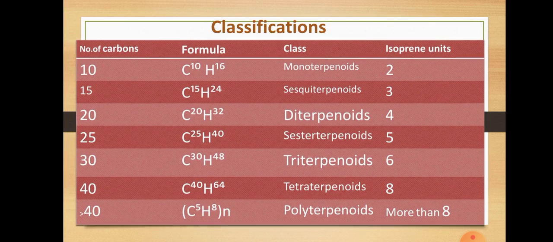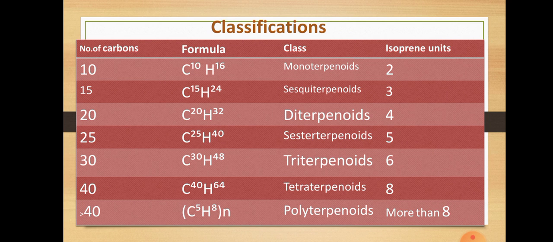Now let's go towards the classification, on the basis of isoprene units. Terpenes are classified into different classes. Monoterpenoids have 2 isoprene units, having 10 carbon atoms. Sesquiterpenes have 3 isoprene units and 15 carbon atoms.